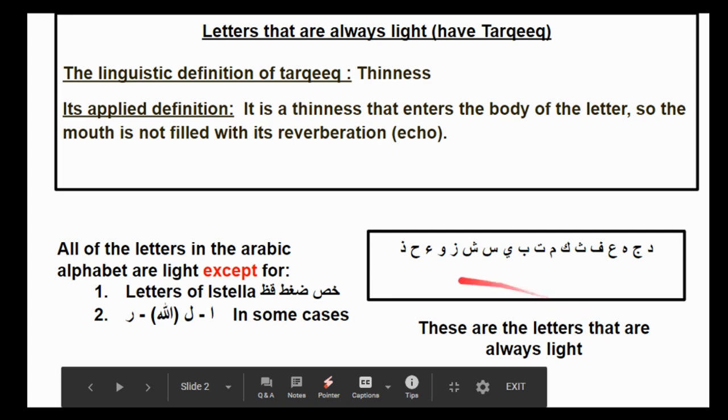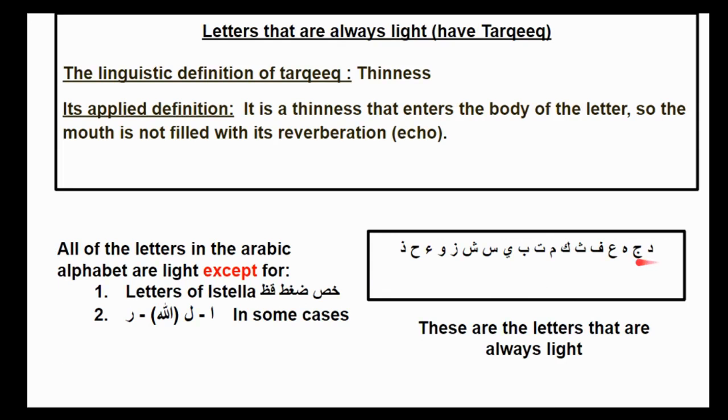So, and then these letters that we said, Dal, Jim, Ha, Ain, Fa, Tha, Kaf, Mim, Ta, Ba, Ya, Sin, Shin, Za, Waw, Hamza, Ha, Dhal. All these letters are the ones that are light every time you say it.